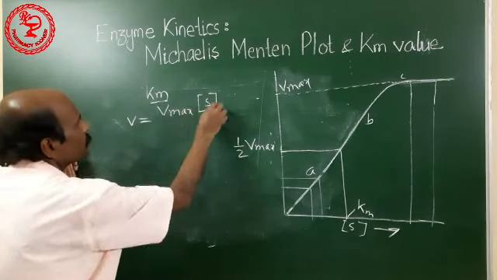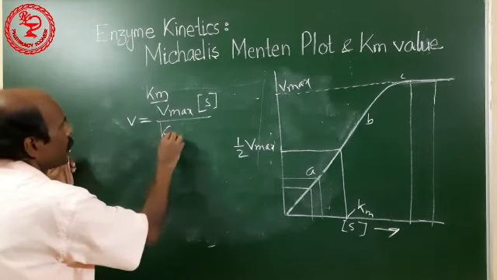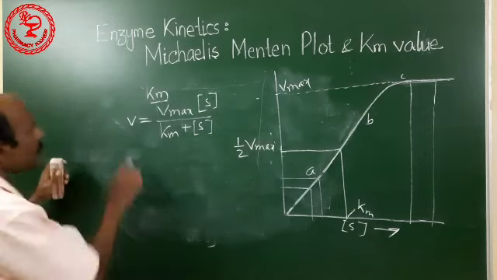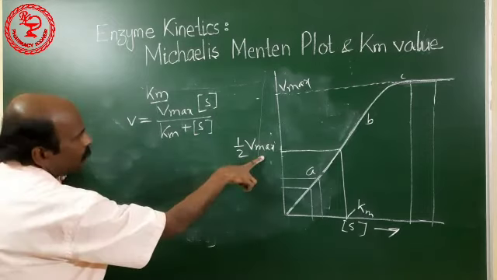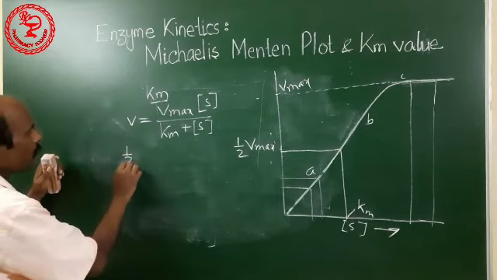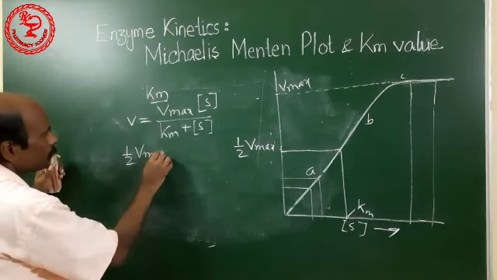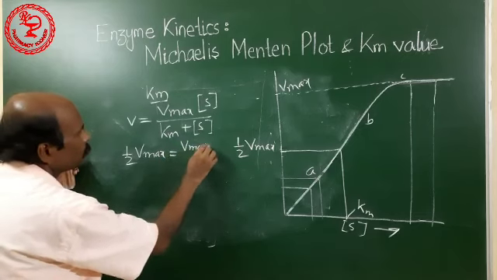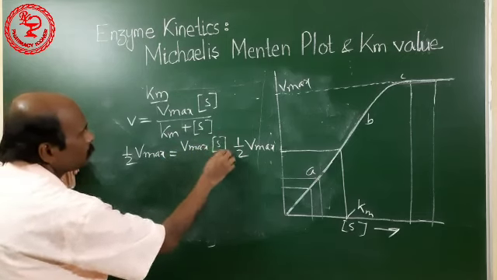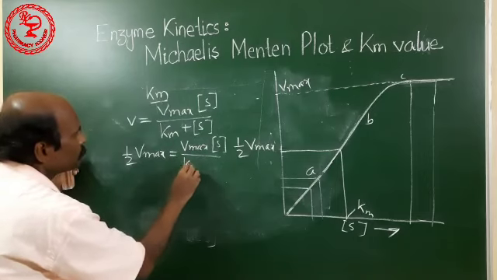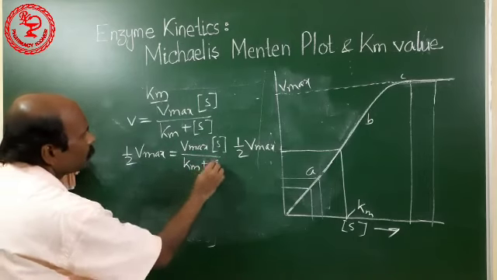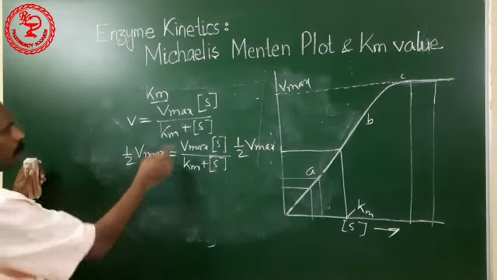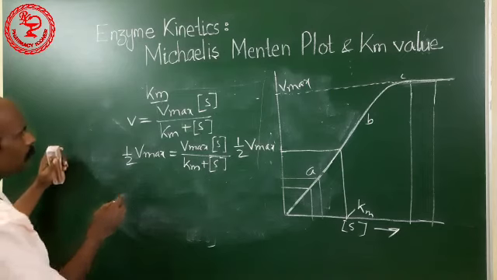Now we can calculate with the formula V is equal to Vmax into substrate concentration divided by Km plus substrate concentration. Here V is half Vmax. Half Vmax is equal to Vmax into substrate concentration divided by Km plus substrate concentration. So Vmax will be cancelled.